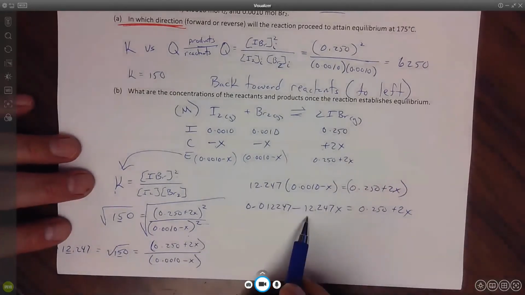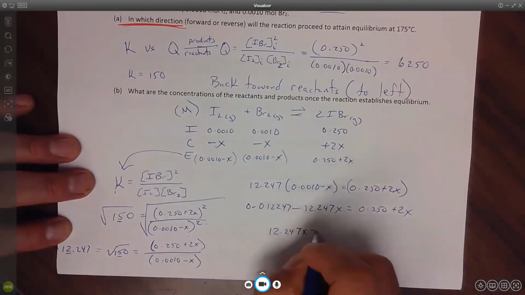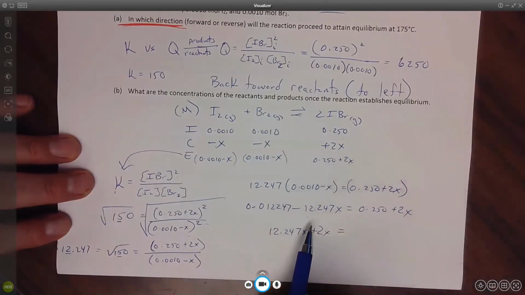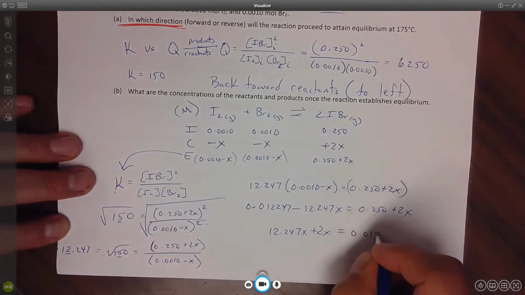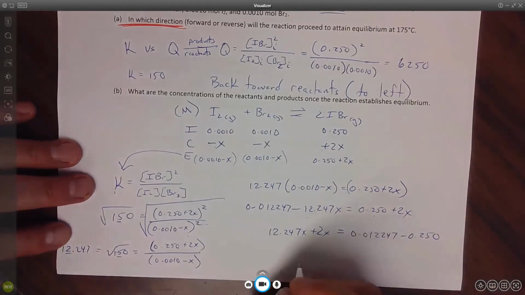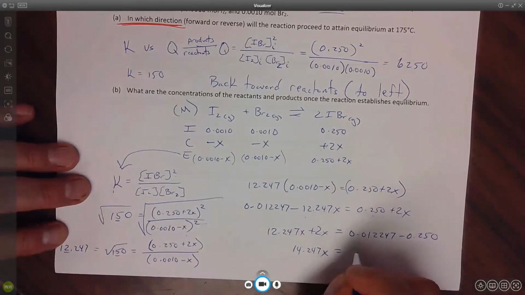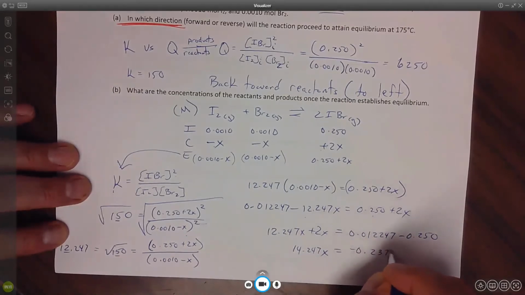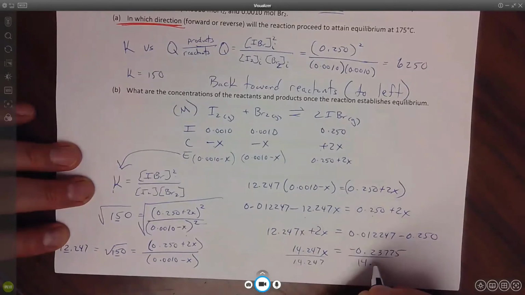Okay, I'm going to add this to the other side, and then I'm going to subtract this from both sides. So this is going to give me 14.247x, and then that's going to give me negative 0.23775. I'll divide both sides by the 14.247.